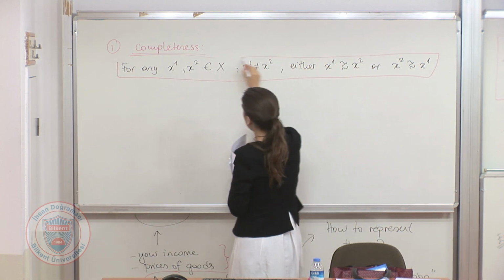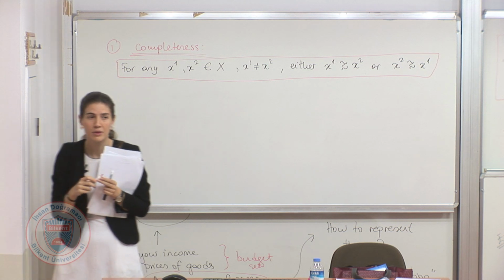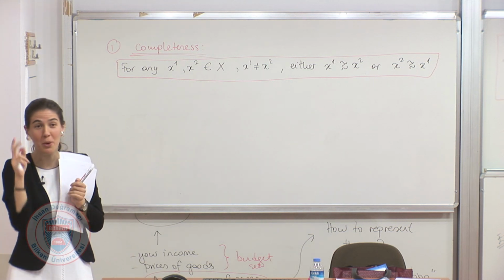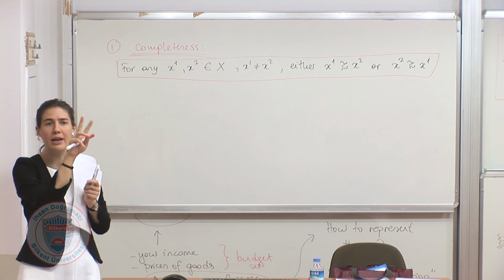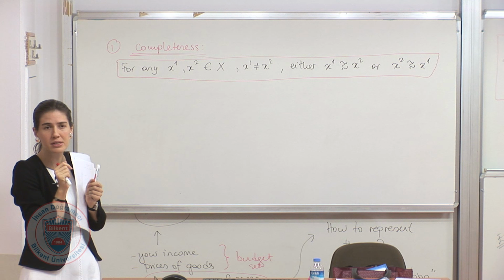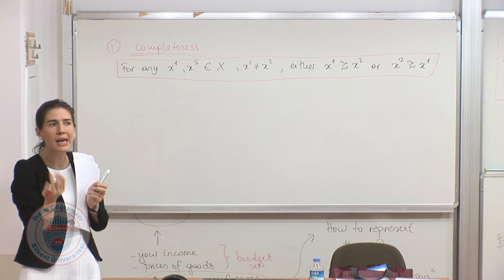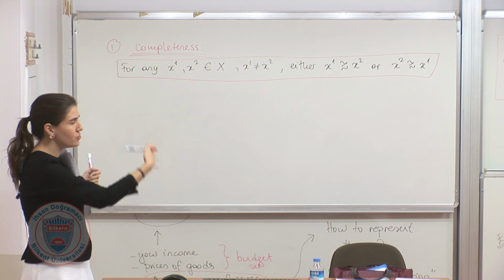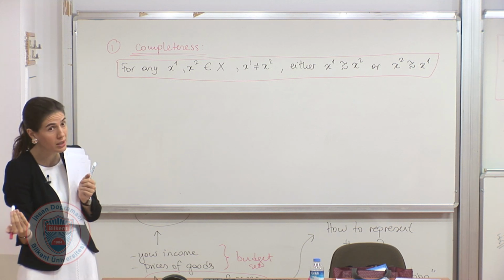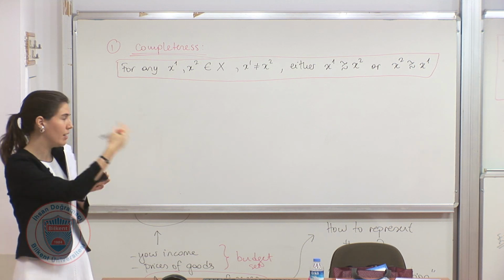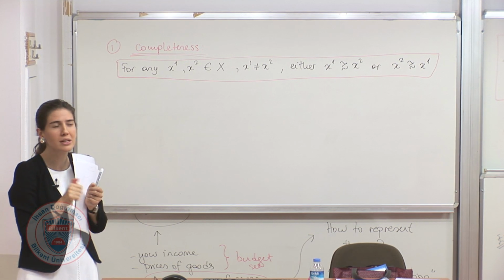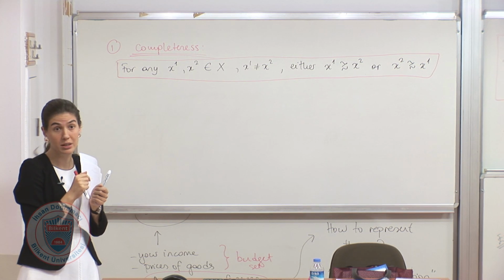So what does this mean? If you make comparisons between any 2 elements of this set x, you should be able to say either I like Behzatçı 2 chocolate bars at least as good as Muhteşem Yüzyıl 3 chocolate bars, or I say Muhteşem Yüzyıl 3 chocolate bars is at least as good as Behzatçı 2 chocolate bars, right?